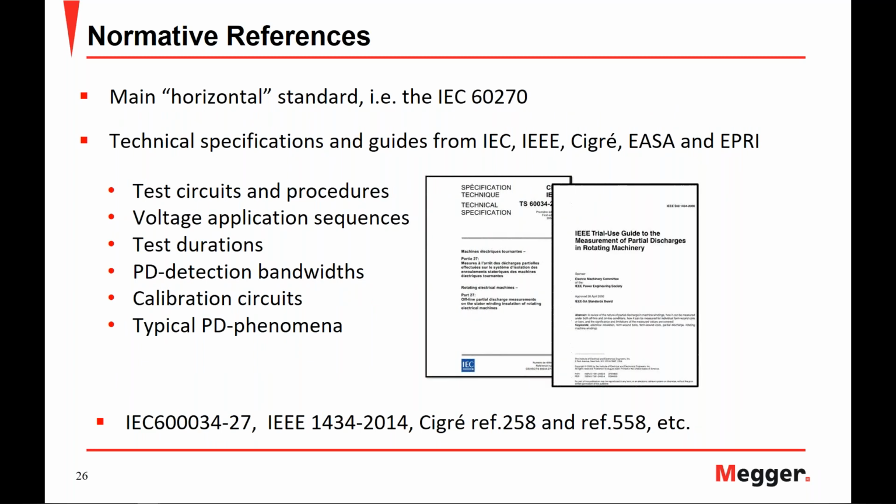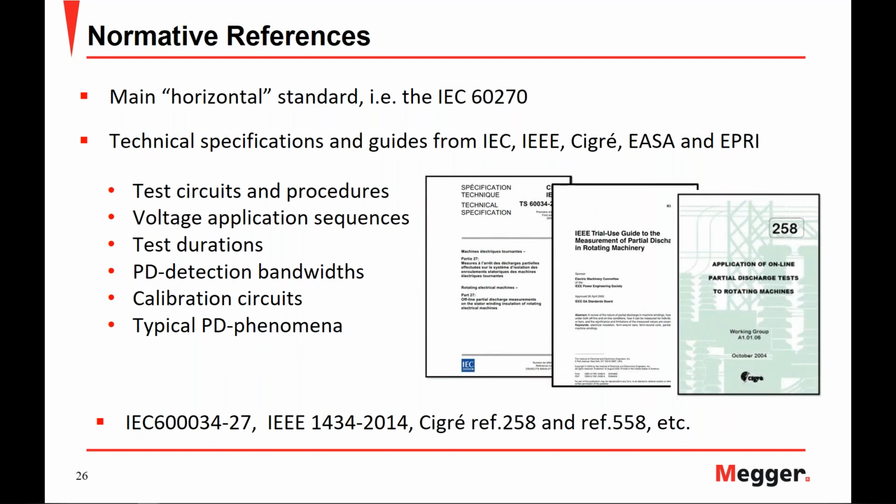Here we have some normative references, including the main horizontal standard, or umbrella standard, that is the IEC 60270. There are several vertical standards that stem from this, as well as other technical specifications and guides from IEEE, the IEC, CIGRE, and EPRI that include test circuits and procedures, voltage application sequences, test durations, partial discharge bandwidths, calibration circuits, and typical partial discharge phenomena, and we'll take a look at these a little bit later.